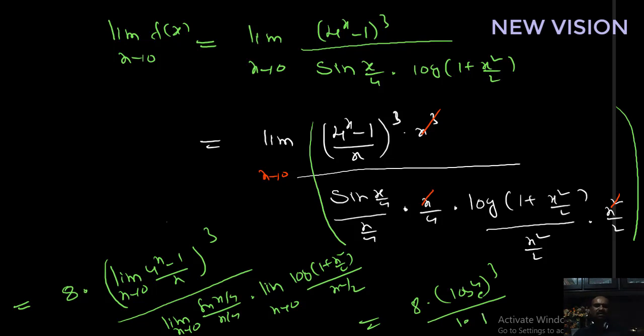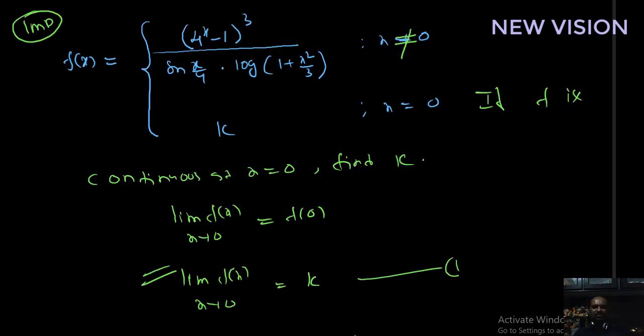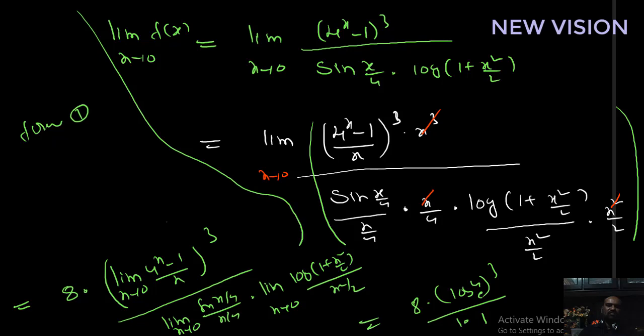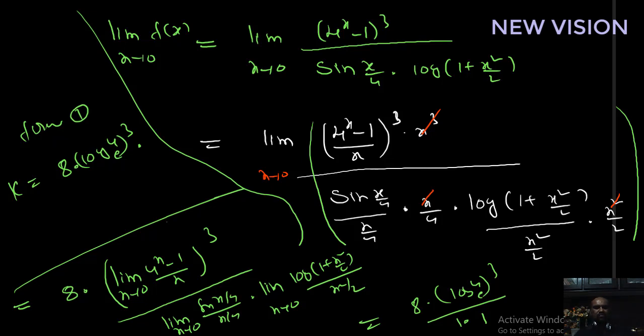Take this as equation 1. From 1, k is equal to 8 times (log 4 base e) cube. Finally, k equals 8 times (log 4 base e) cube.